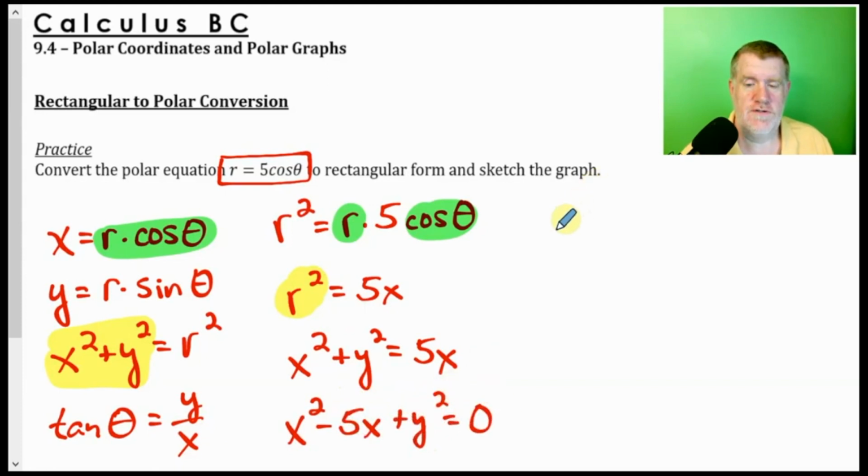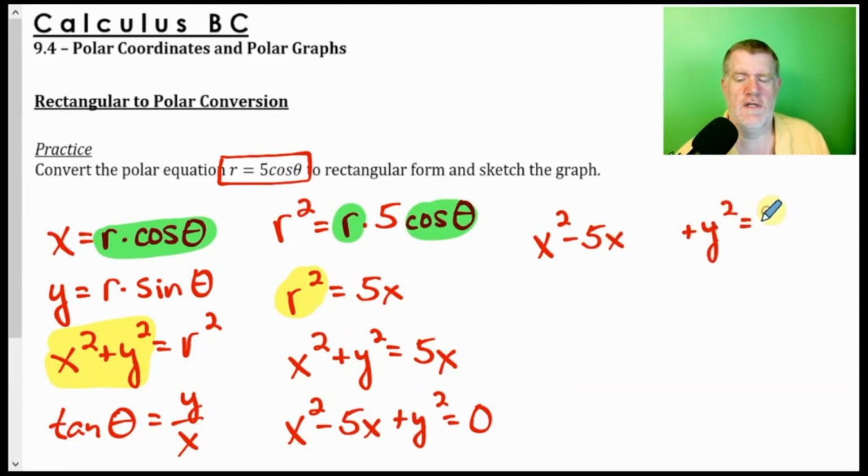It's been a long time since you've done this, equations of circles. And I'll leave a space here. Alright. And that's 0. So I want to complete the square. Remember, when completing the square, half of 5 is 5 halves. And if I square it, I get 25/4. So I'm going to add 25/4 to both sides.